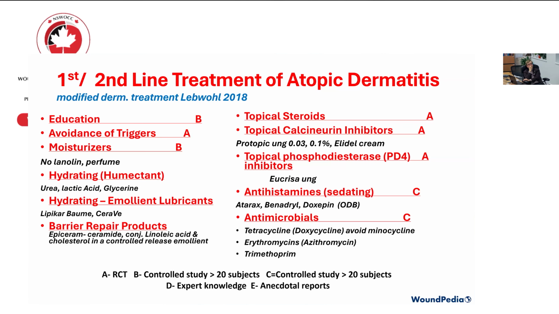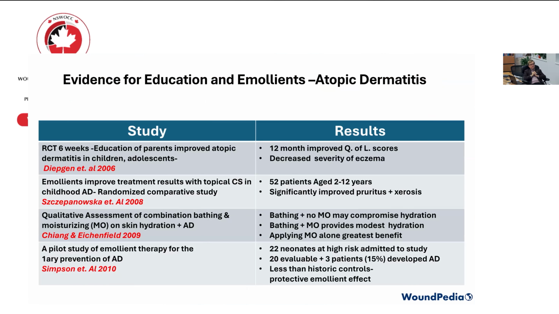Next. Here are 4 RCTs. An RCT educating parents, decreased severity of eczema in infants. Emollients improve treatment response with topical corticosteroids. A quantitative assessment combining bathing and moisturizing. And this is an important one.